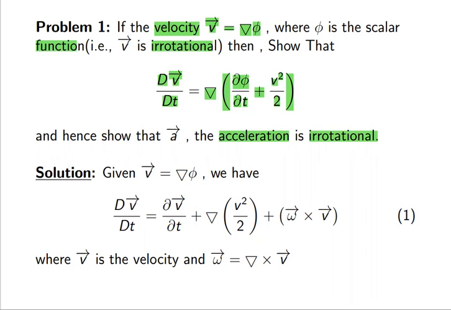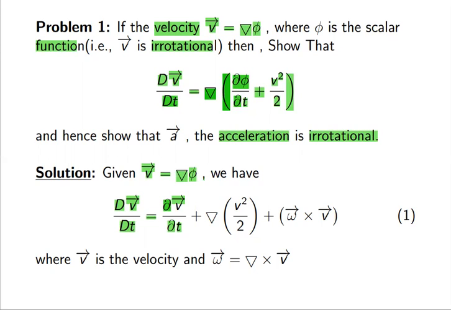So what is given, we'll write down. They have given v is gradient phi, fine. And we have to prove that dv by dt is this. So we should write the relation between material acceleration and spatial acceleration. This is the material acceleration, and this part is the spatial or local acceleration.